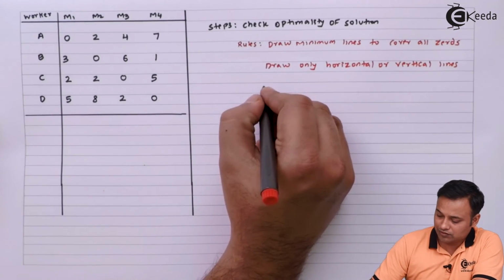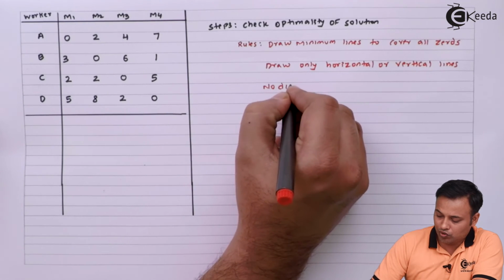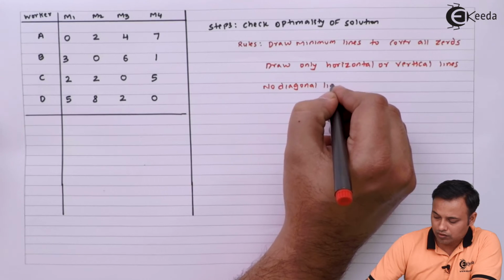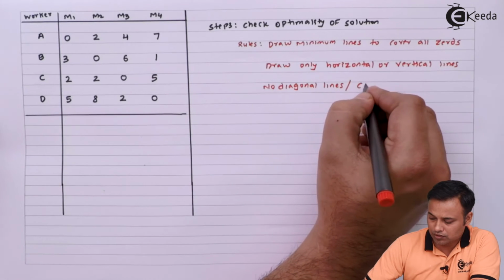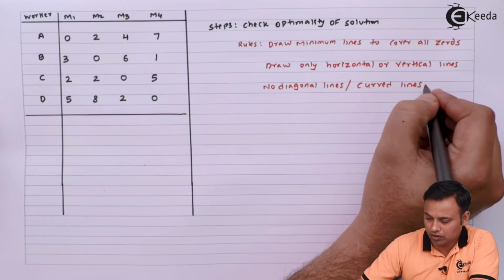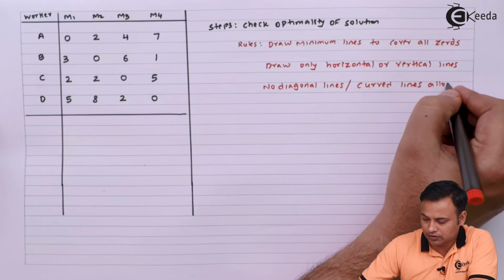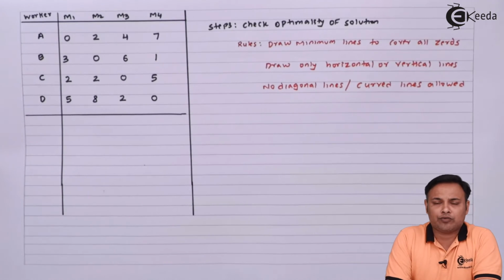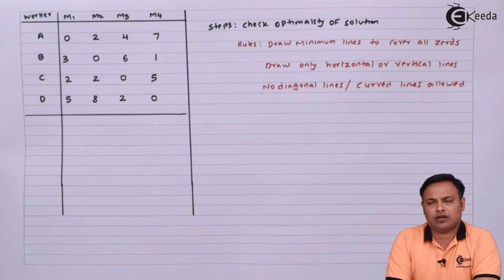Third, no diagonal lines or curve lines are allowed. अब आपको ये ध्यान में रखना है कि आपको मिनिमम नंबर ऑफ लाइंस में सभी जीरोस के ऊपर से लाइन पास हो जाना चाहिए, ऐसे ड्रॉ करना है.